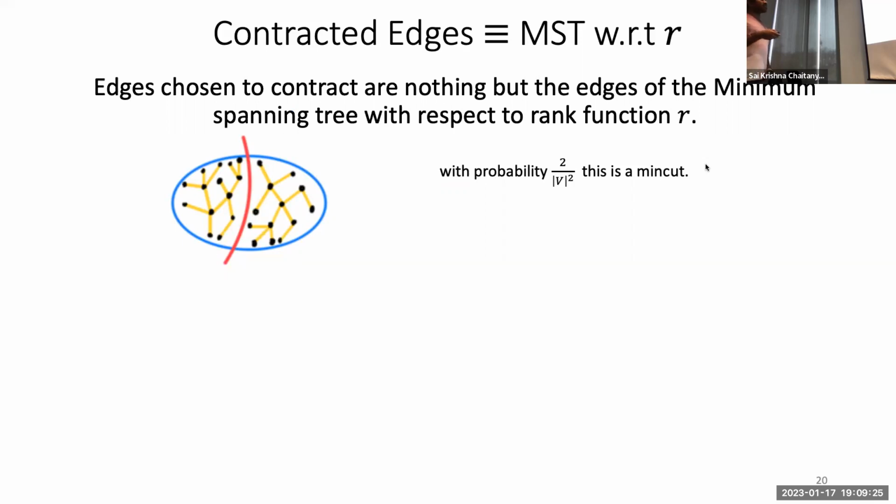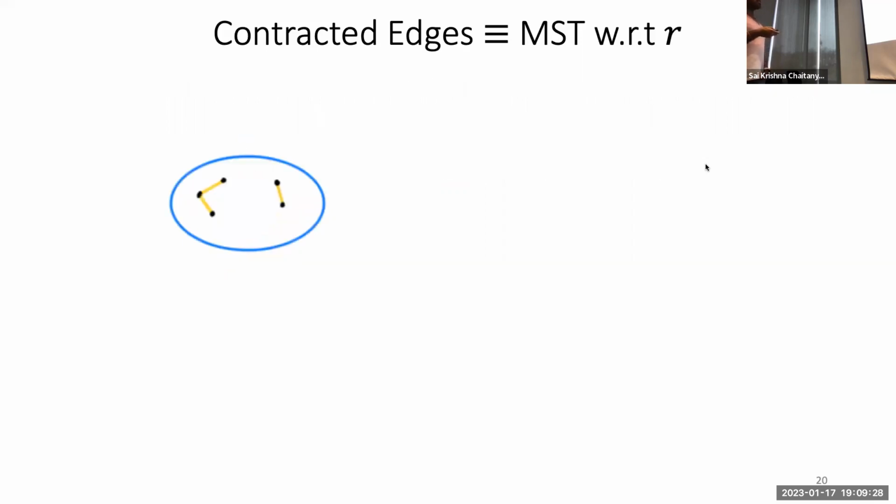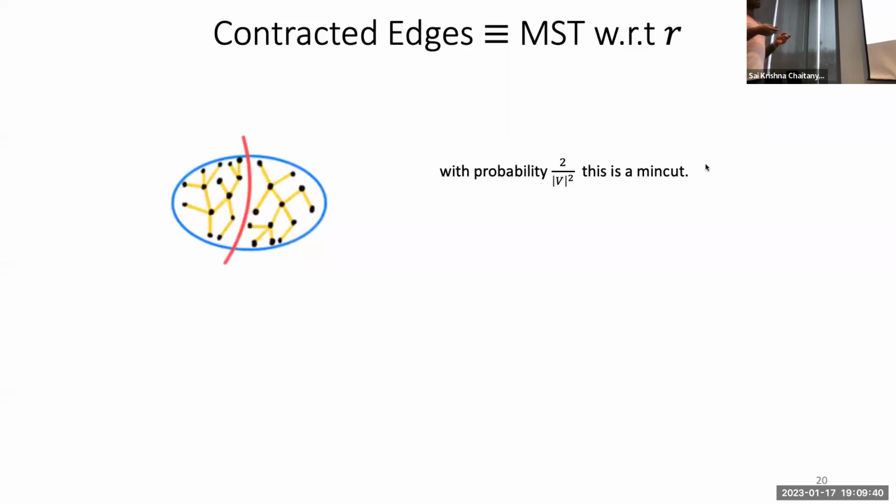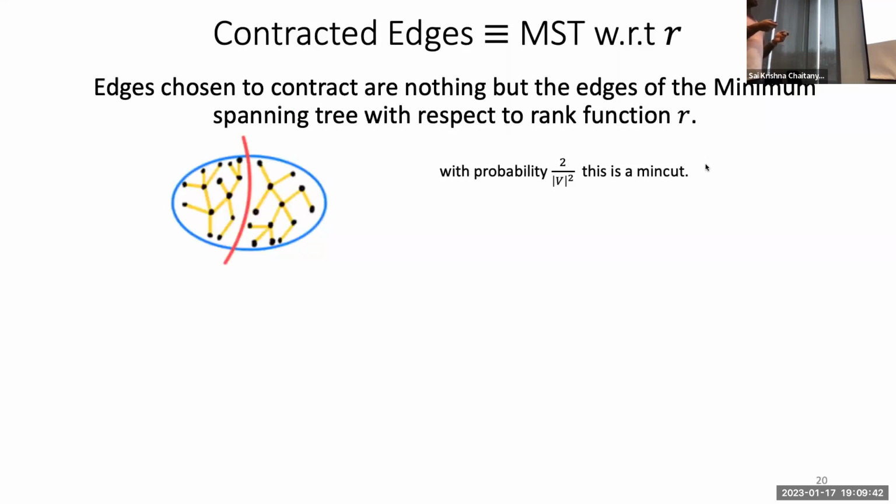Because each and every time we are picking the smallest rank value, that is nothing but applying Kruskal's algorithm on this rank function on the edges. So the edges that we get are the edges of the minimum spanning tree with respect to the rank function.